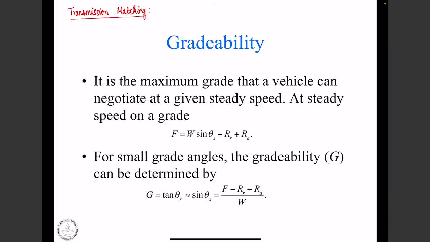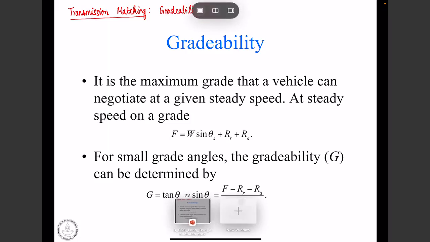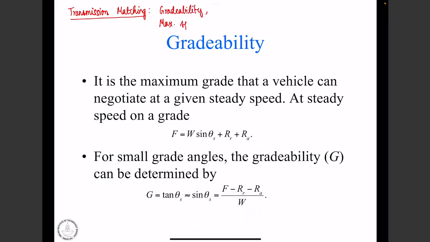The important performance specifications that we would be interested in when we are looking at drive would be gradability, maximum speed, and of course, maximum acceleration, and so on.